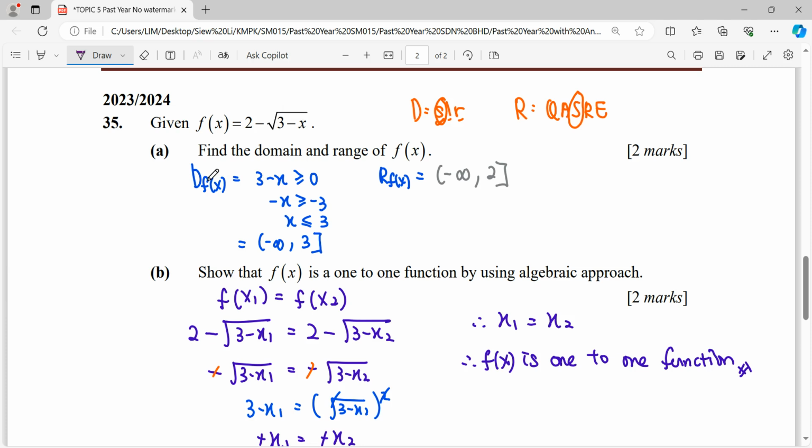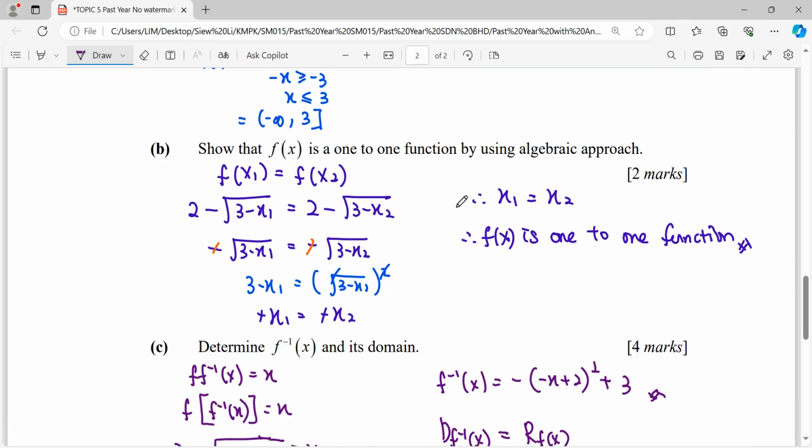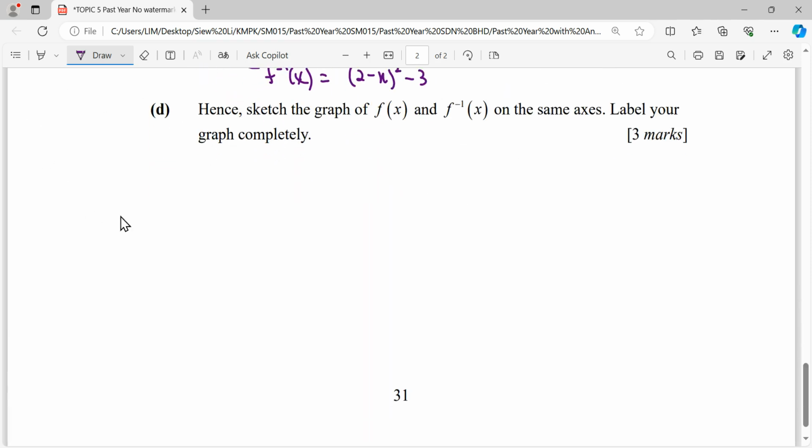The domain will indicate whether our graph goes left hand side or right hand side. So negative infinity until 3 means from the 3 here, the values go to the left hand side. Then for range, it will indicate whether your graph goes up or down. So 2 to negative infinity means your graph will go down. So your graph will go to the left hand side and go down. In square root functions, we have 4 shapes: left and up, left and down, right and up, right and down.